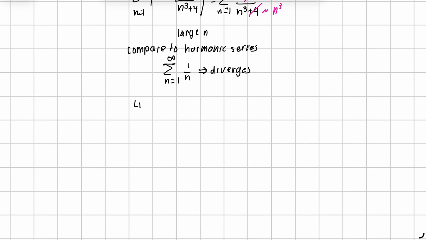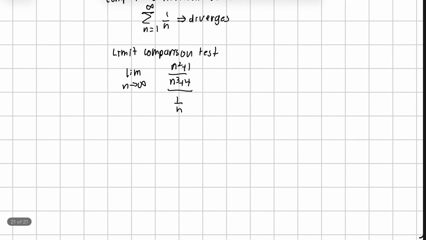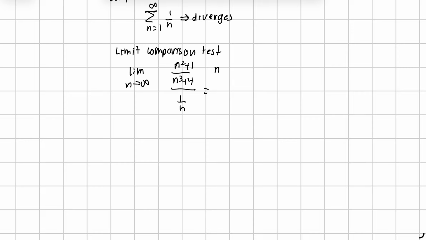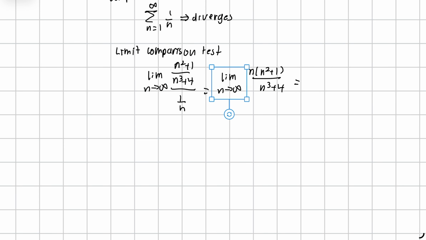Now we're going to use the limit comparison test. If you have the limit as n approaches infinity of n squared plus 1 over n cubed plus 4, all over 1 over n, this is the same thing as n times n squared plus 1, divided by n cubed plus 4. And I also have to write the limit symbol over here.